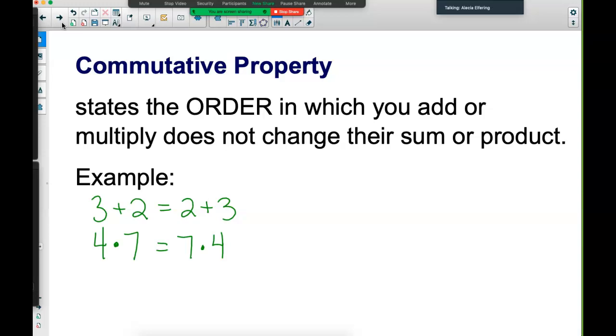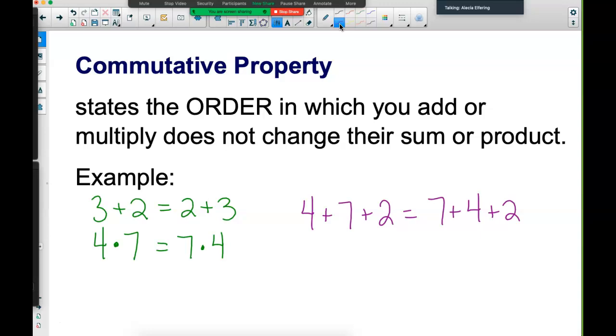Okay. We can also use this with more than 2 terms. So if I gave you this example, 4 + 7 + 2, if I wanted to apply the commutative property, what would the other side look like? 7 + 4 + 2.